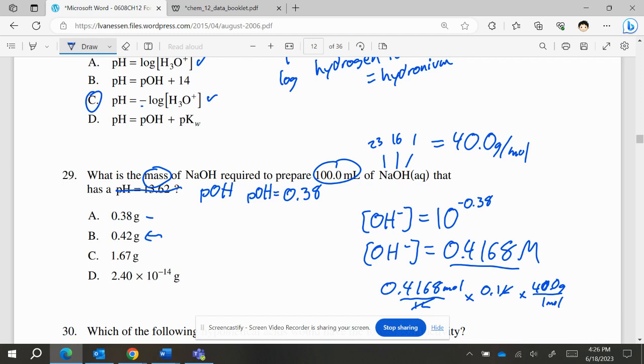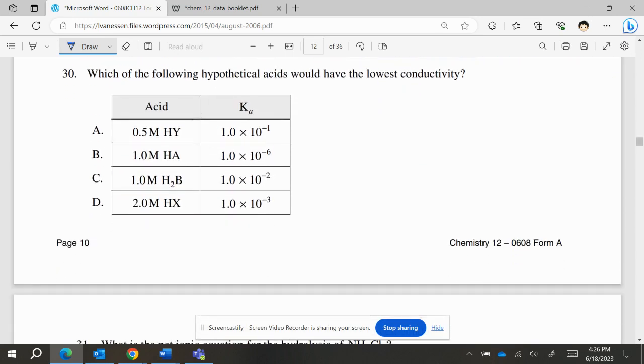So 0.4168 times 0.1 times 40 equals 1.6674, which rounds to 1.67. So that's my answer for that one.